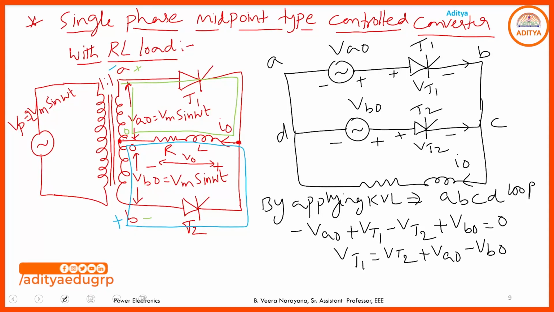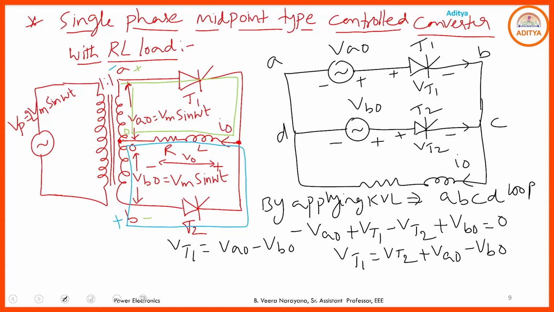Clear? So here if T2 is on, then the voltage drop across T2 is 0. If T1 is on, then the voltage drop across T1 is 0. For example, if T2 is on, then the voltage drop across T2 is 0, and VT1 is equal to VA naught minus VB naught.